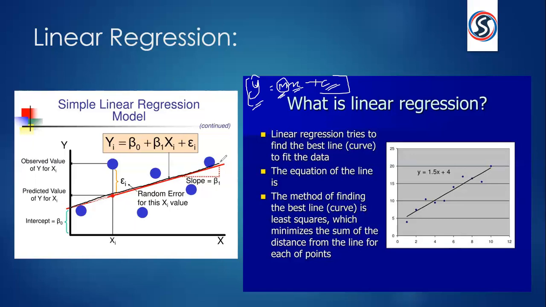This line should be found in such a way that, suppose these are my actual data points. Now, if I draw a straight line passing through them, then according to each data point, there is a corresponding point on my straight line.